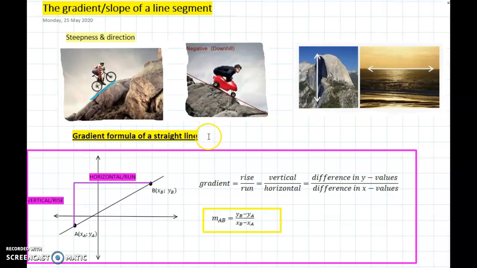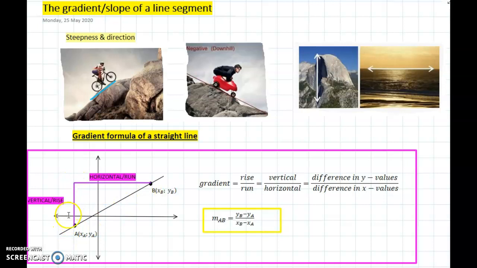So what's the gradient formula of a straight line? You're familiar with this from when you did the straight line in algebra, but let's go through it again. When you first did it, you spoke about rise over run. When you determine the gradient of any straight line, you need 2 points.